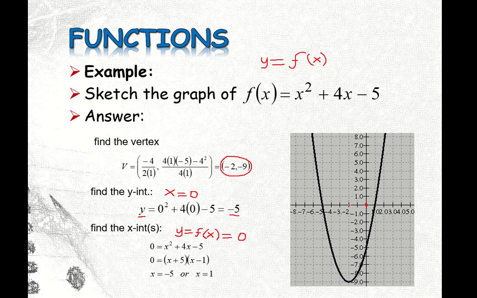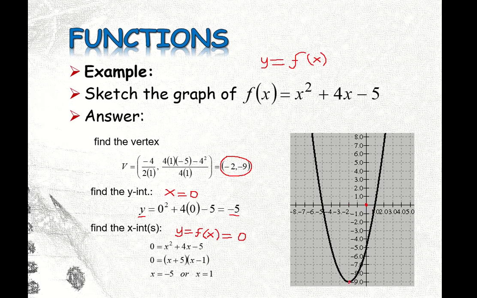From here, you go down 9 units, so this is negative 9. We count 1, 2, 3, 4, 5, 6, 7, 8, 9. So this is the vertex.